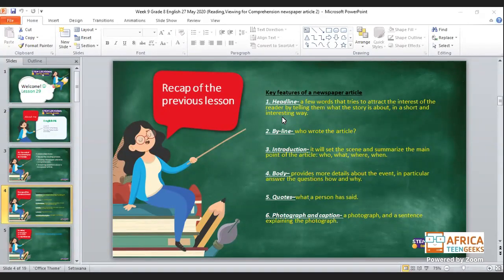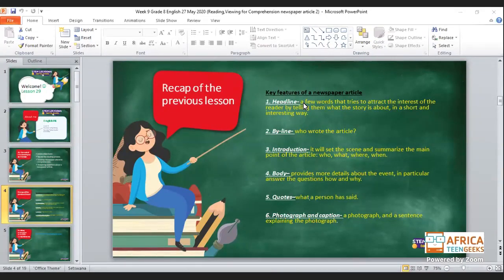We learned that the newspaper article has the headline, the byline, the introduction, the body, the quotes, as well as the photograph and the caption.